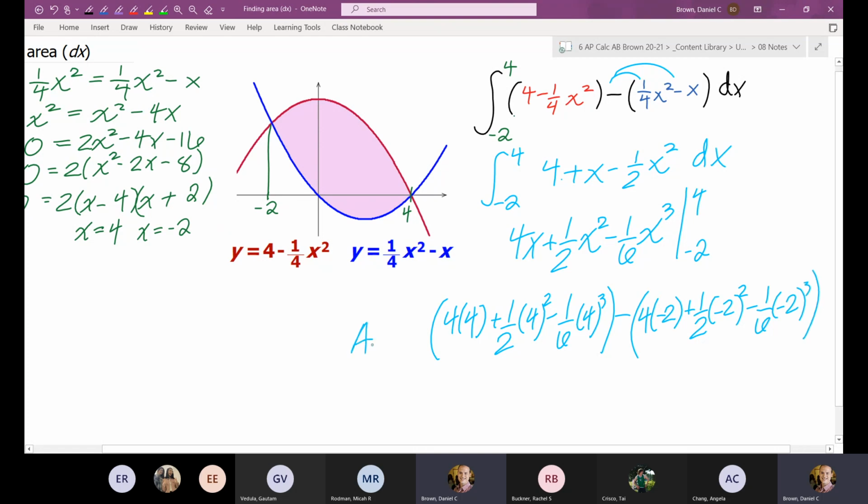I'm fine if you leave your answer like that. I do know what this is equal to because it's the third time I've done it today. It does simplify to give you 18. You can double check me, but it's going to be 18.